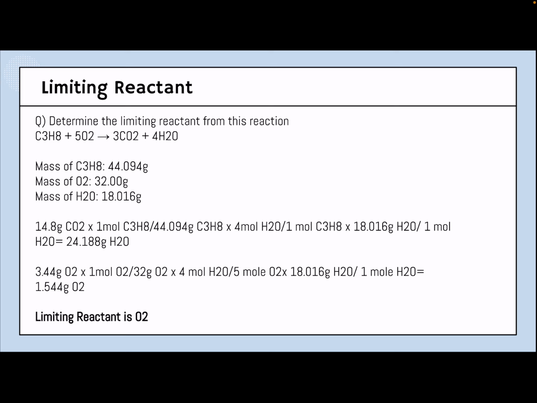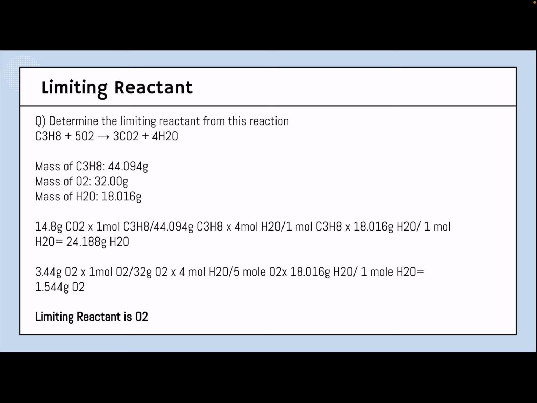After calculating all of this, you get the answer that it produces 24.188 grams of H2O. Next, we have to compare that to O2. 3.44 grams of O2. For every mole of O2, there are 32 grams of O2, and for every 5 moles of O2, there are 4 moles of H2O, and for every mole of H2O, there are 18.016 grams of H2O.